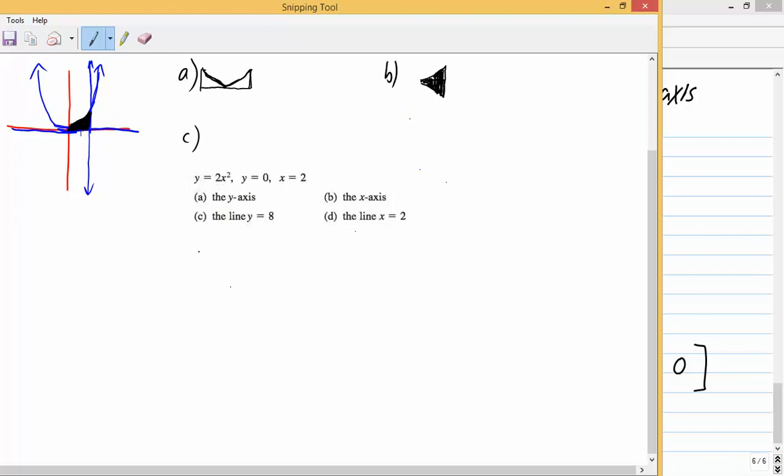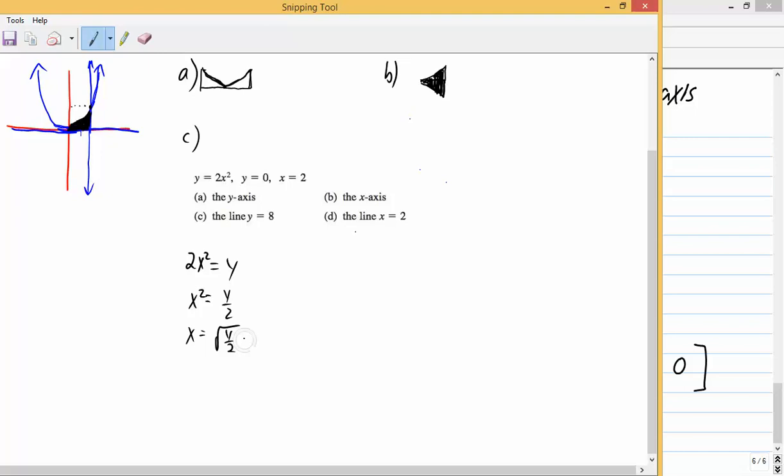So that would be, if you had 2x squared equals y, x squared equals y over 2, x equals the square root of y over 2. I want to set it equal to x equals 2, this line here, to see what y point this is, because I believe that is 8.